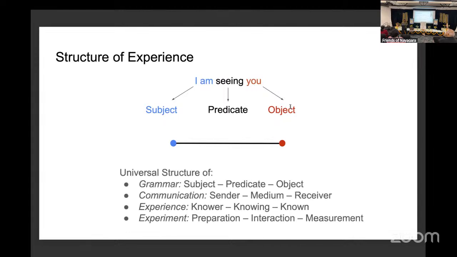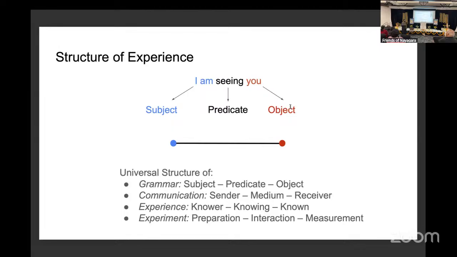Now this is the universal structure, not just for grammar, but for all sorts of experiences. Language obviously encodes our experiences, so it follows this structure: subject, predicate, object. Every sentence you speak, if you just pay a little attention, you will notice what the subject is, what the object is, what the predicate is. The same is true for communication.